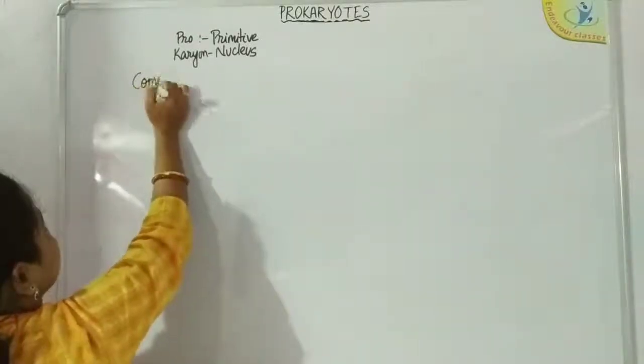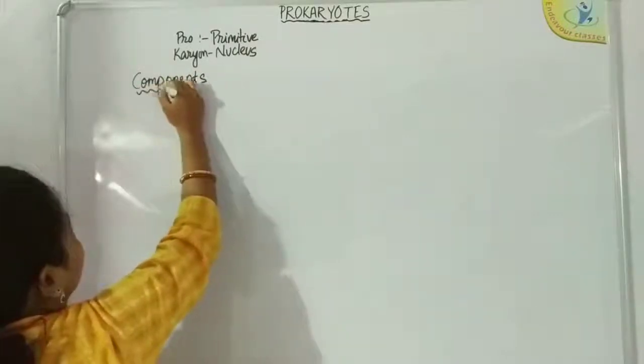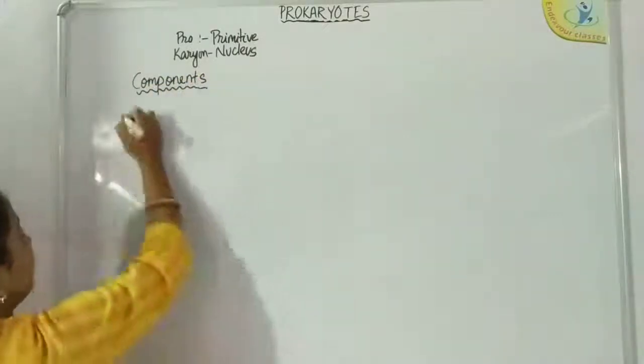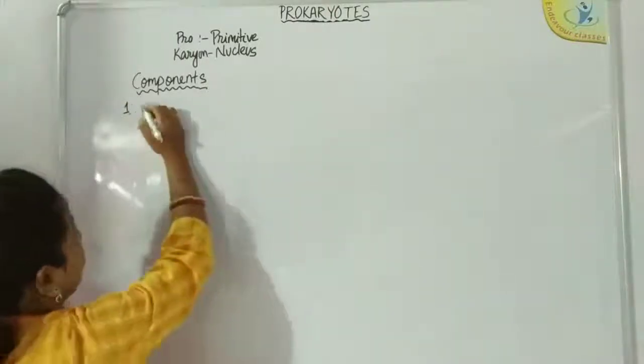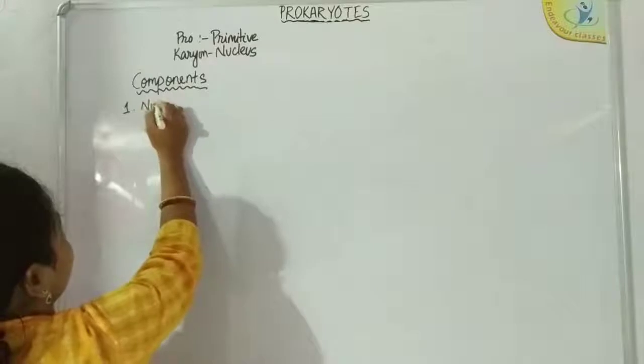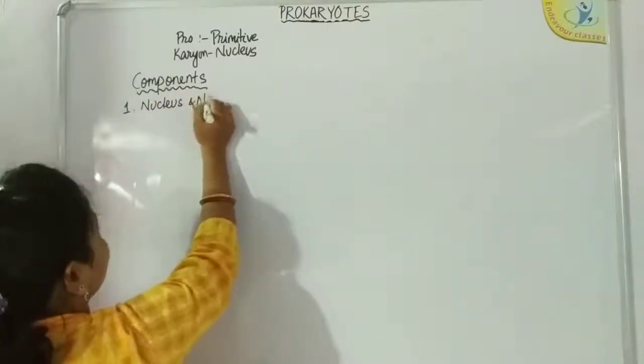So first we will list out the components which make a prokaryotic cell. Later we will discuss one by one. So what are the components which make a prokaryotic cell? Number one, it is nucleus and nuclear material.